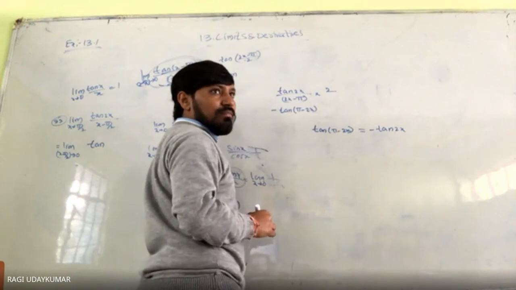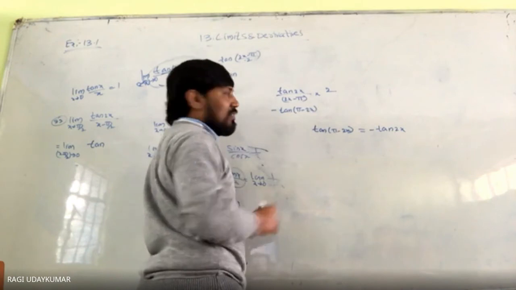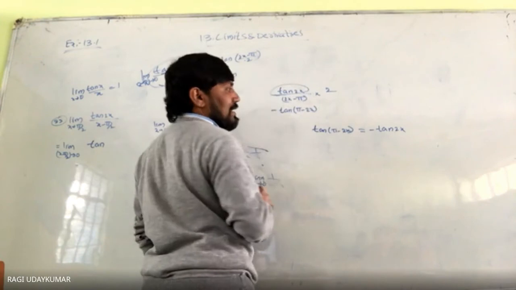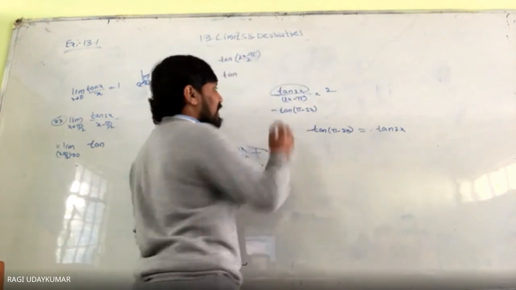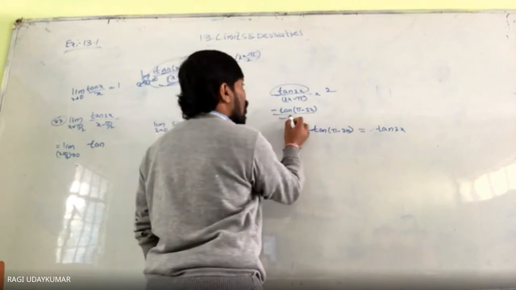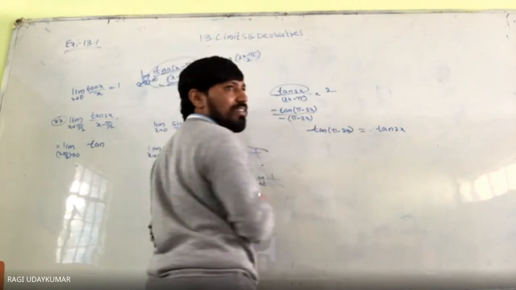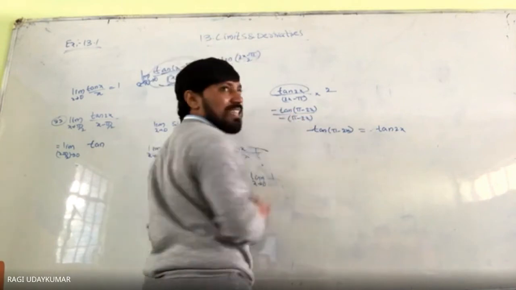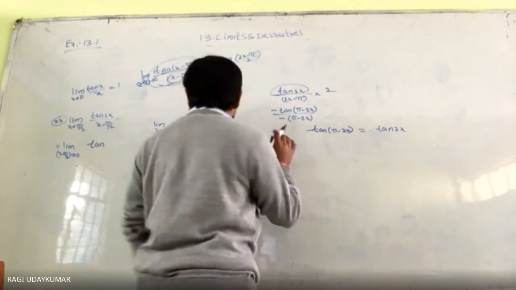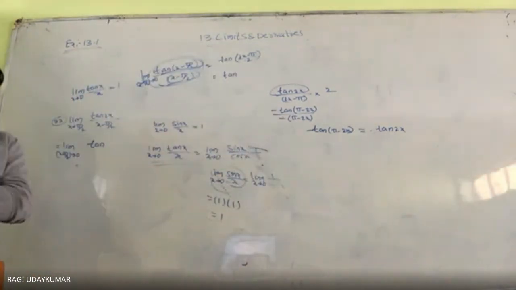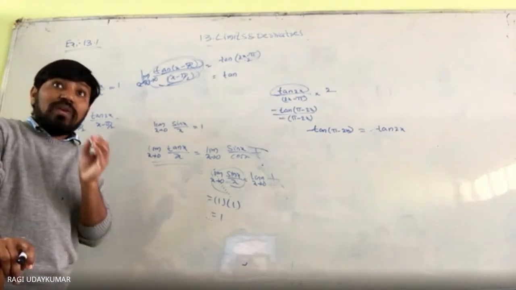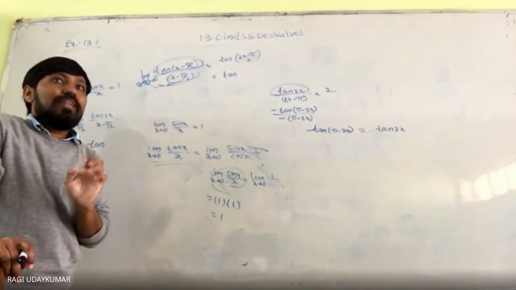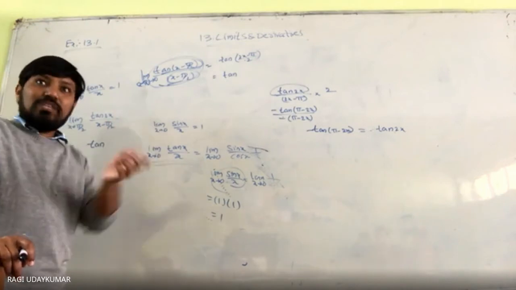Can I write? Did you understand? Tan 2x I am writing as minus tan of pi minus 2x, and in the denominator I take minus common, pi minus 2x. So the minus minus cancel. So we have transformed. See, I can explain the direct solution of the problem to you, that is not the matter. Whenever you see a new question, how do you get the idea? That is very important.